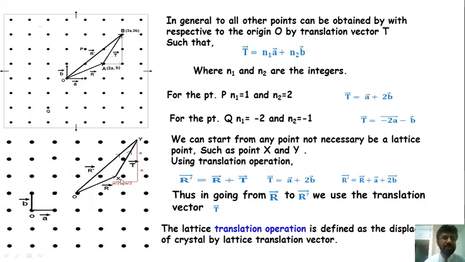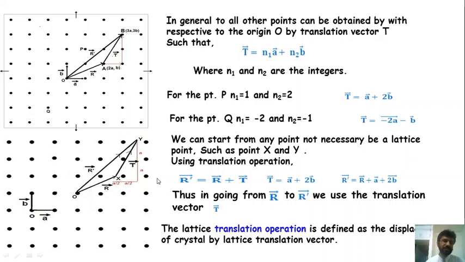So the x coordinate becomes a and the y coordinate becomes twice b. Therefore r dash is equal to vector r plus vector a plus twice b. Thus in going from r to r dash we use the translation vector.